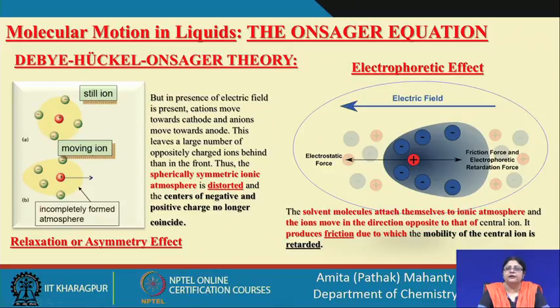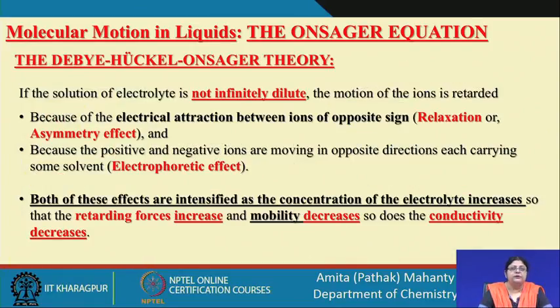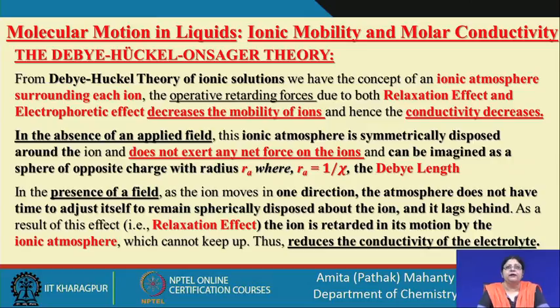So, these are the two effects which we talked about in the last class, which hamper the movement or the motion of the ions in an electric field. These are the retardative forces which act on the ions when they are moving.